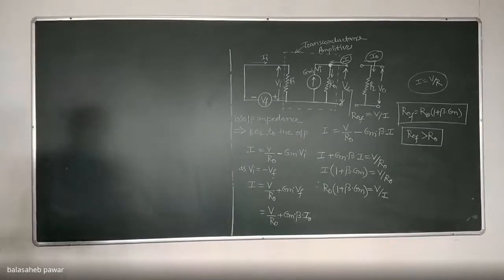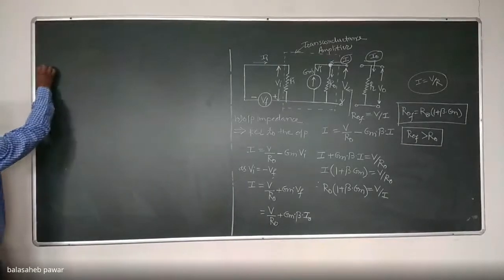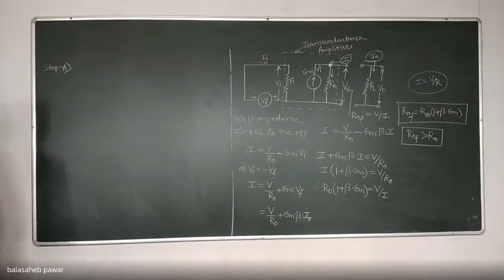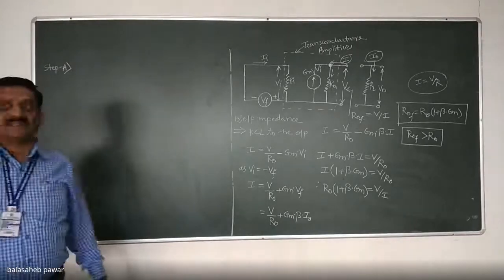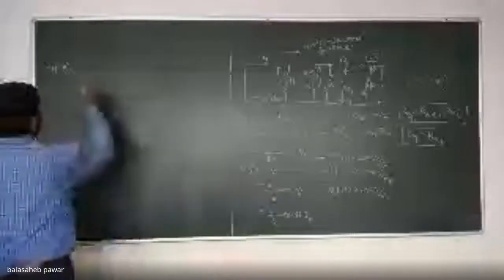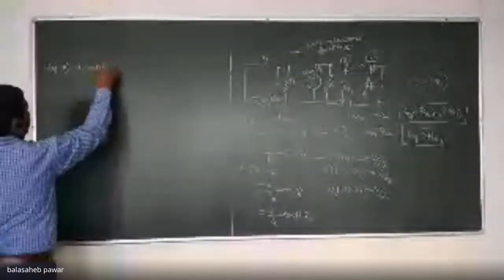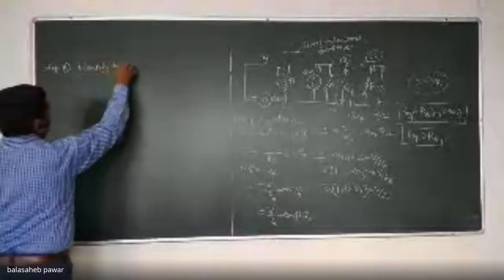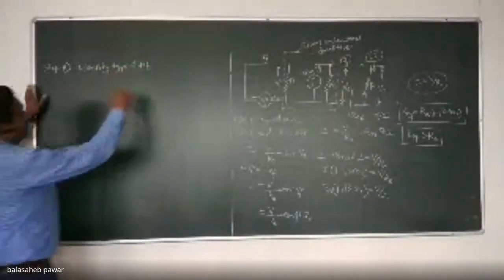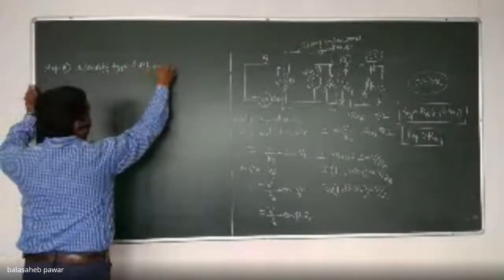Under that title, note down step A: for the given amplifier circuit, identify the type of feedback, or rather the type of feedback amplifier, not only the type of feedback.